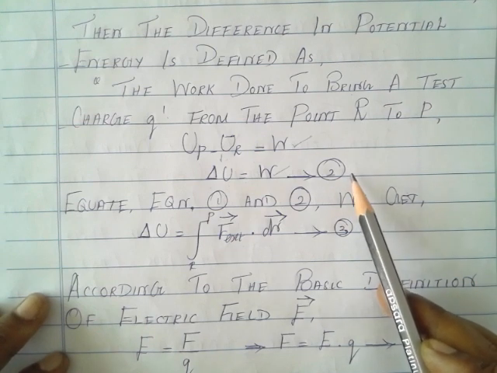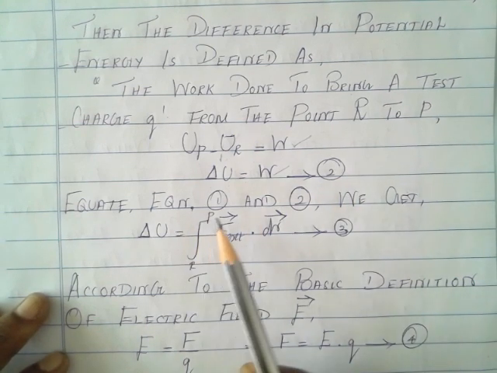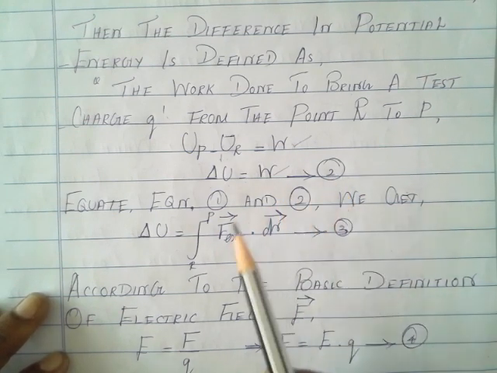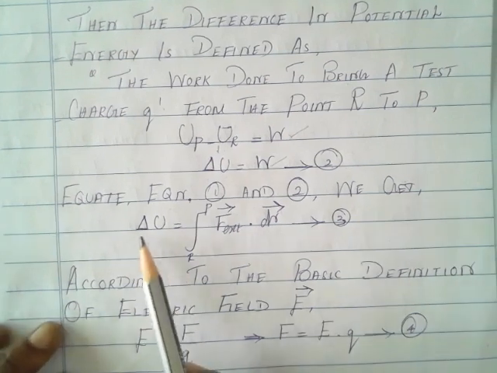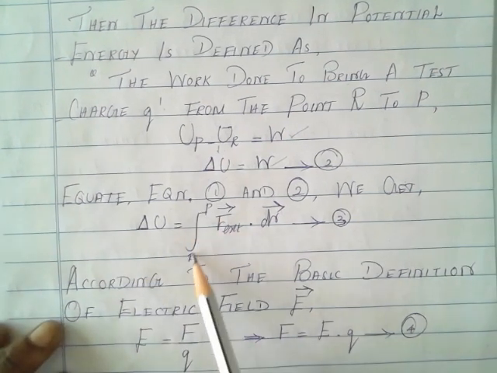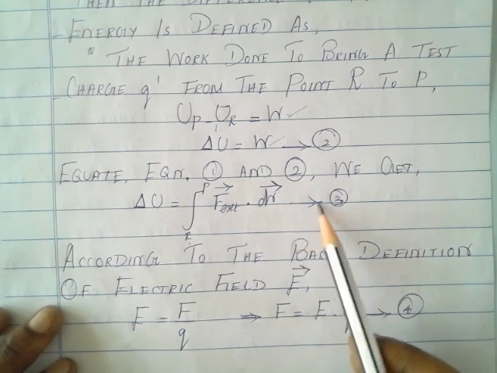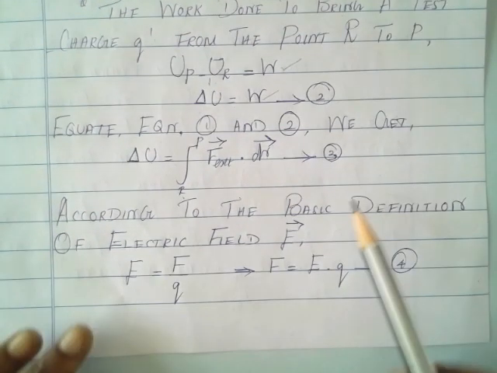Now I am going to apply equations 1 and 2 together. Therefore, del U is equal to integral R to P F external dot dr vector. This is equation number 3.